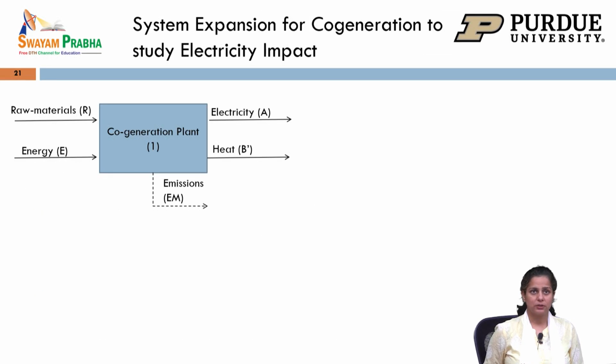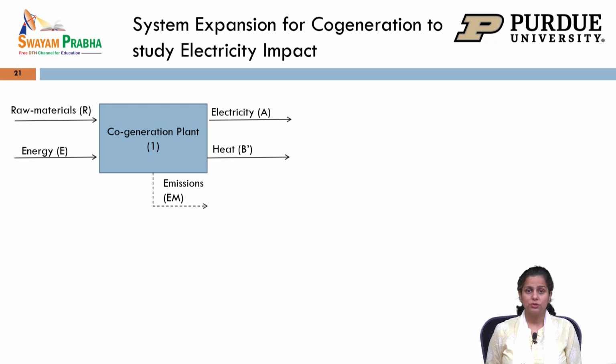Let us see how that looks. We have a cogeneration plant, we are making electricity and heat. It is a joint production because we cannot separate the electricity and heat production. Our determining product in this process is electricity, product A. It takes raw materials R, energy E, and it makes emissions EM.